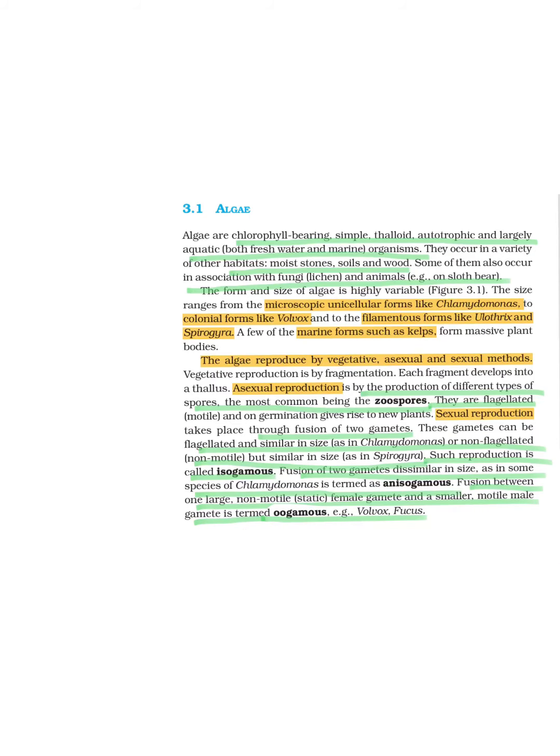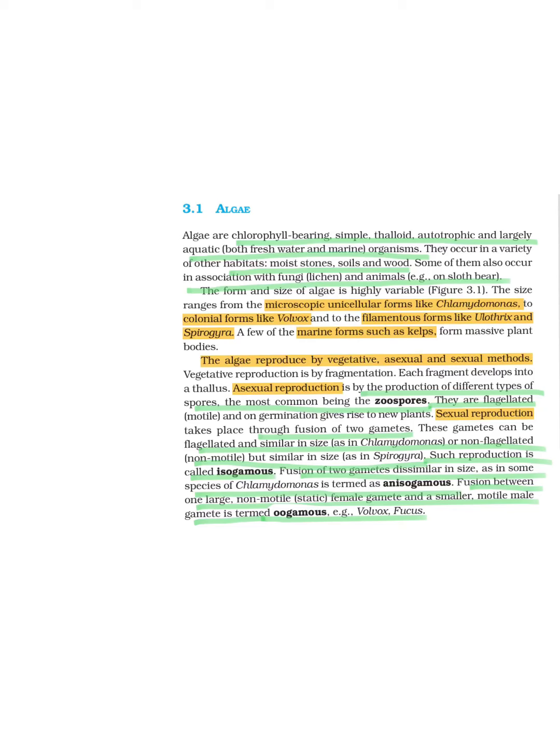Now we are going to study algae in detail. Algae are very common in the monsoon season. How could we identify them? The velvety green substance which spreads on rocks, walls, or humid places where water or moisture content is continuously high.